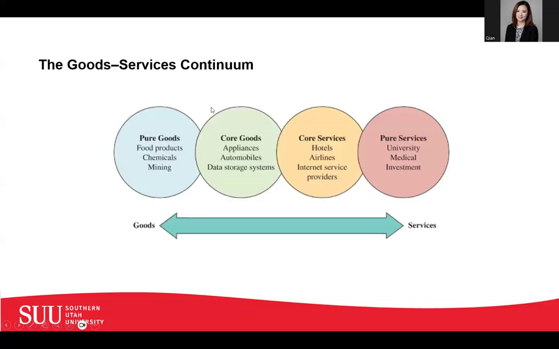And the next slide gives you examples of the manufacturing industry, the pure service industry, the industry more close to service, and the industry more close to manufacturing. So this gives you some examples to help you understand the difference between these two industries.